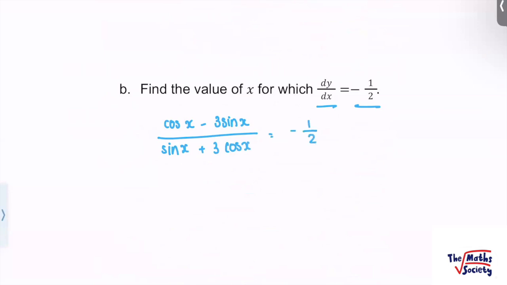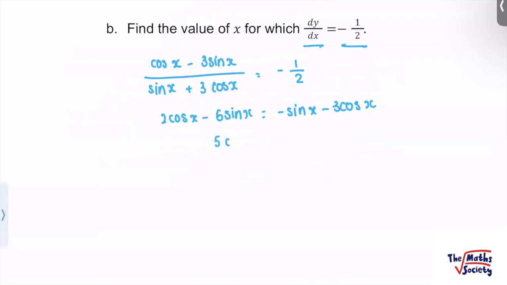You're going to cross multiply, so it's 2 cos x minus 6 sine x equals minus sine x minus 3 cos x. So that's going to be 5 cos x equals 5 sine x. You divide them, so we should get 1 by 1, so 1 equals tangent x. It's going to be tangent inverse 1. We should get pi by 4, and that's your value of x.